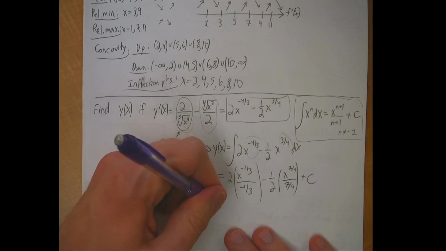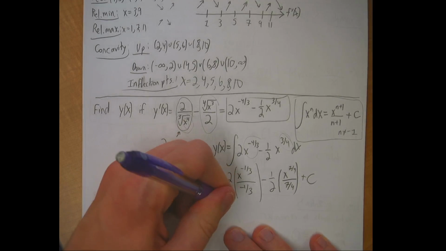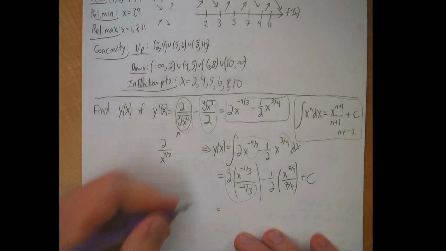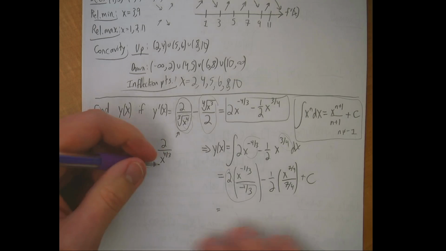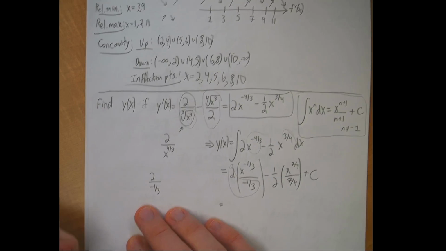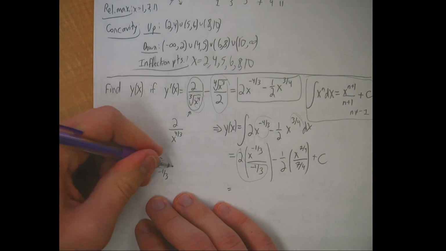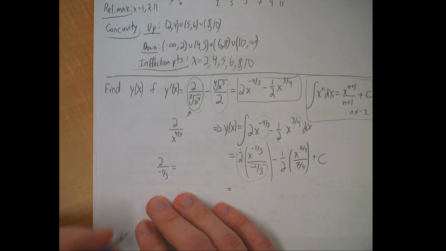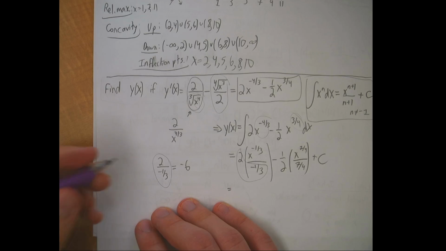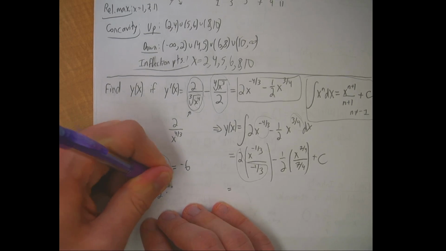So we have 2. If we focus on this coefficient here, that means we're going to have 2 divided by negative 1/3. So how does this simplify? We're dividing by a fraction, so that should give us what? Negative 6. Good. Because remember, dividing by a fraction is the same thing as multiplying by the reciprocal.